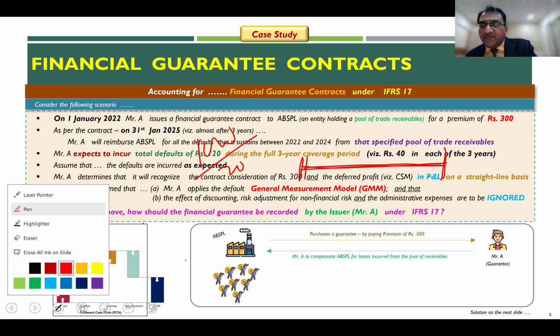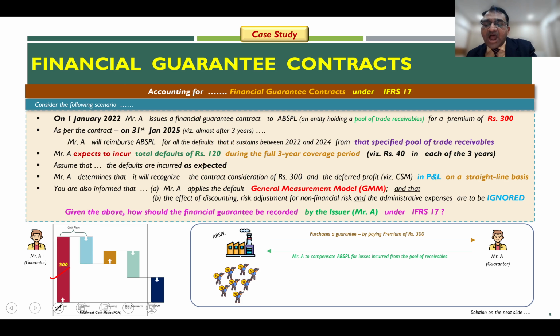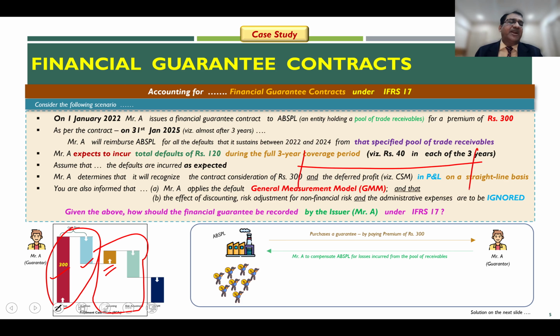So your inflows minus outflows, and there are two specific adjustments which are required under the GMM model. What are these? First is the discounting. Your cash inflows and outflows which are happening over a long period of time, the standard requires you to discount them to the present value.